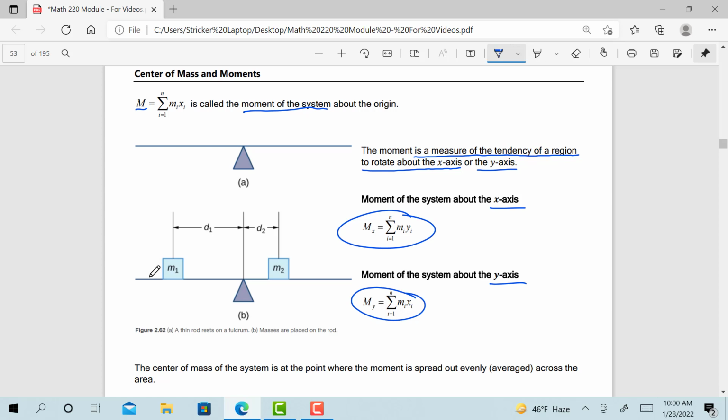You can see in figure 2.62 what we mean when we're talking about moments about a specific point.